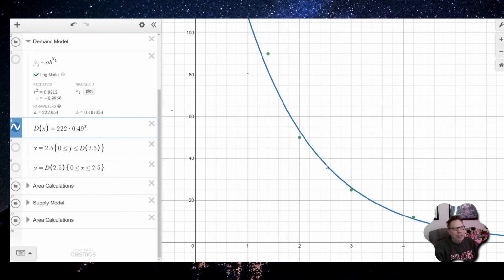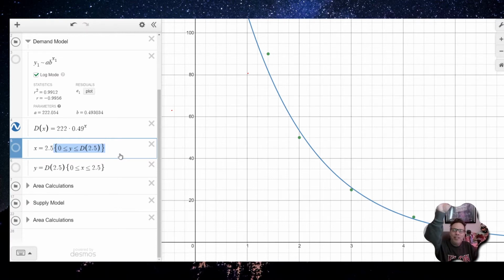To make it a little nicer, I'm going to type in x equals 2.5. This little added bit is telling Desmos, don't plot the entire line from negative infinity to infinity, but only go from 0 to d of 2.5, and that's the actual graph itself.